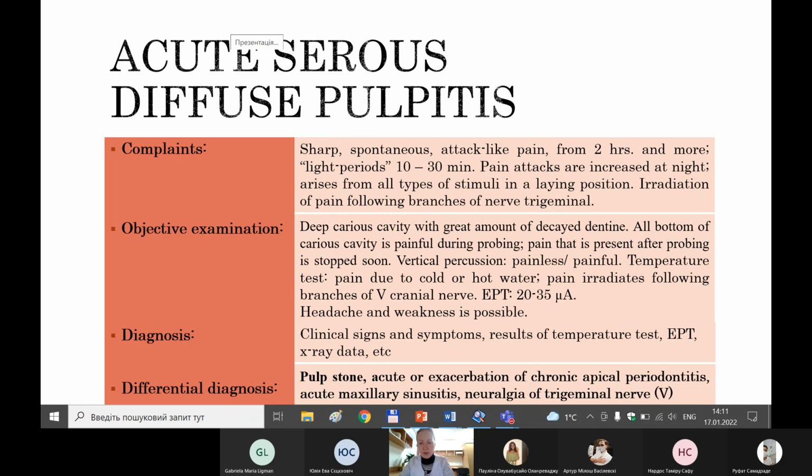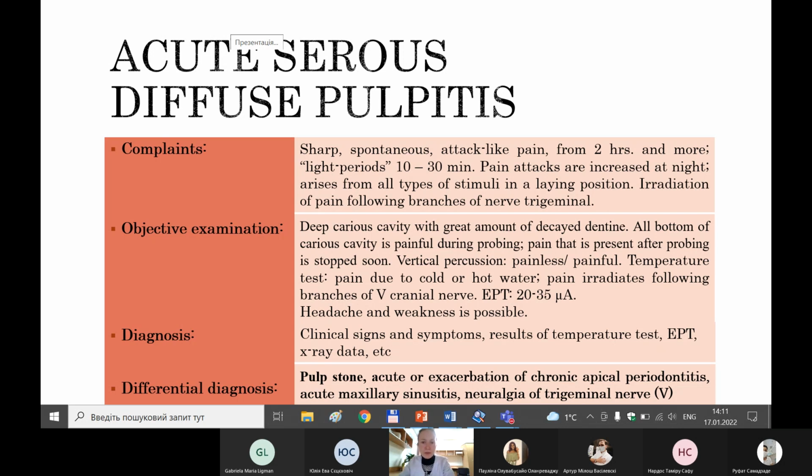General condition of the patient can worsen as well. The patients could feel headache and weakness and fatigue as well. Diagnosis is set due to the same clinical signs and symptoms, results of temperature test and electric pulp test.